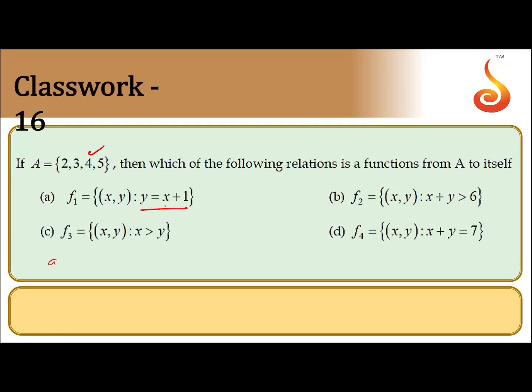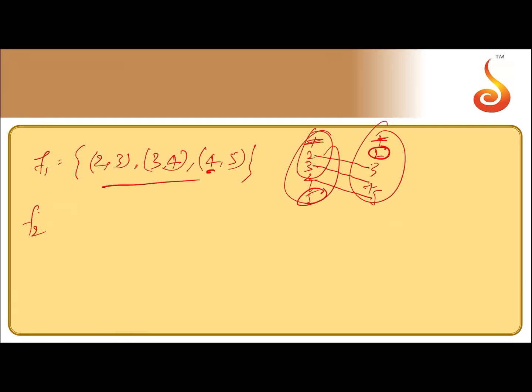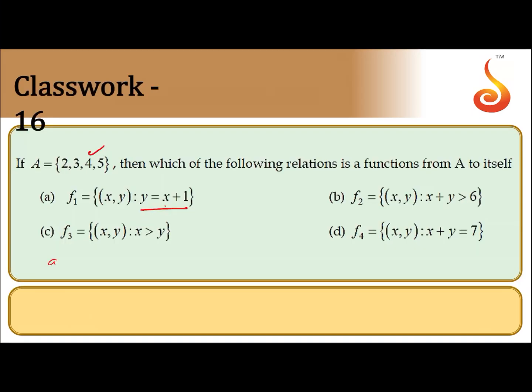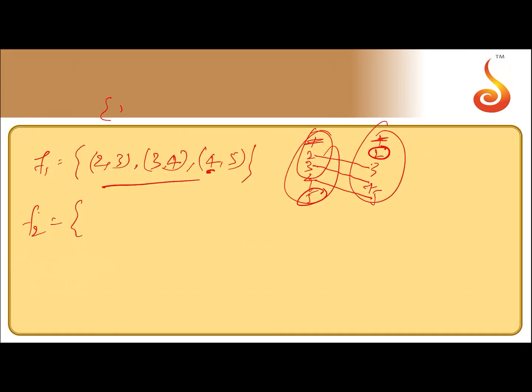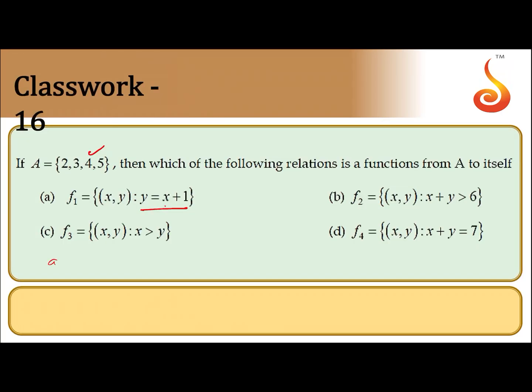Let me take up the B option. That is f2, where x plus y is greater than 6. The set is 2, 3, 4, 5, and you have x plus y greater than 6.